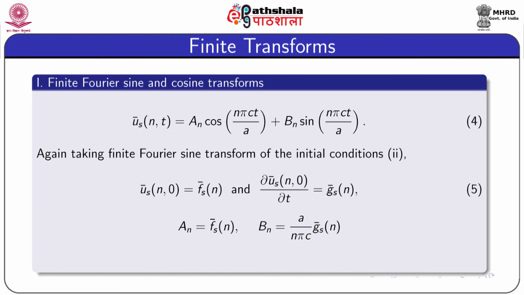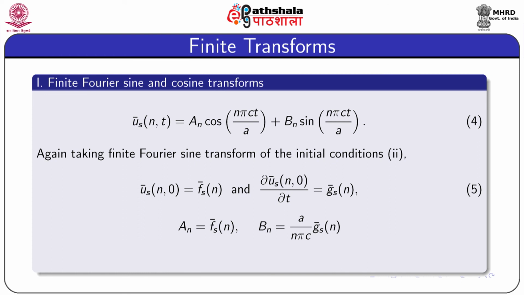So if we apply these initial conditions to the general solution 4, we can immediately find the values of a_n and b_n as a_n equals f_s bar n and b_n equals a by n pi c g_s bar.